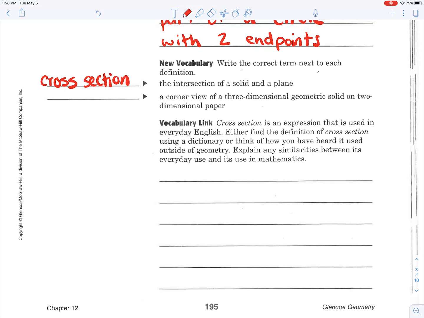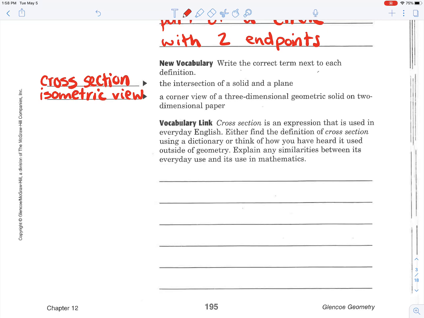A corner view of a 3D geometric solid on 2D paper is called an isometric view. So if you look at page 839 in your book, it says, in video games, 3D figures are represented on a 2D screen.